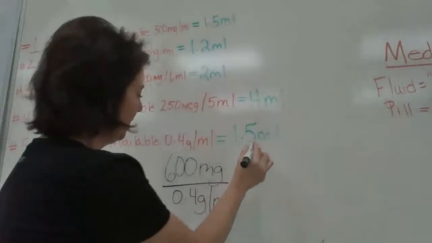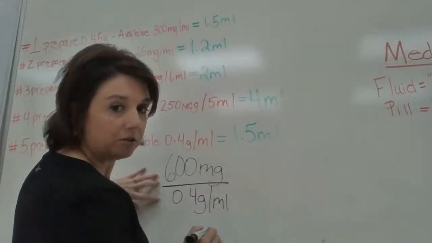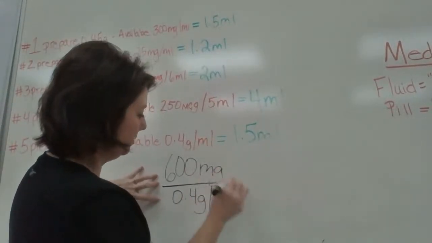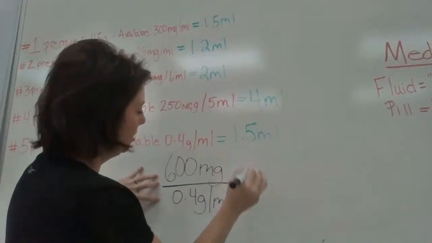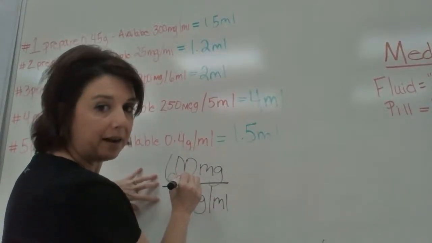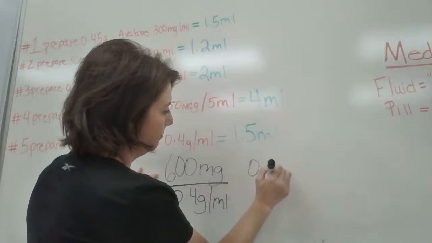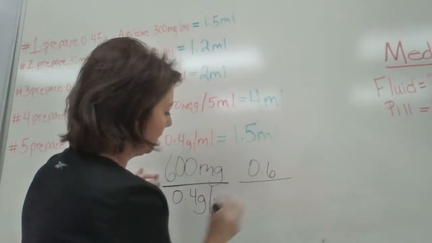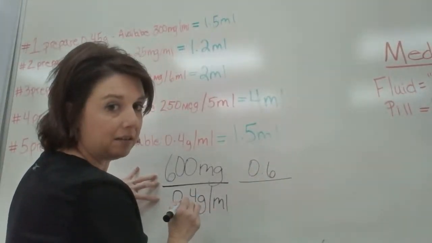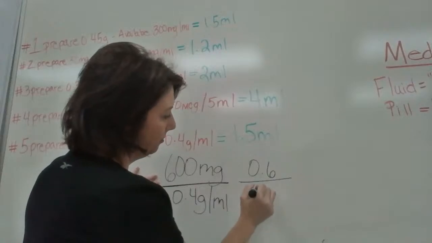All right, so we're going to convert the milligrams to grams first. So we divide 600 by 1,000. We're going to get 0.6. Then we need to divide that by 0.4.